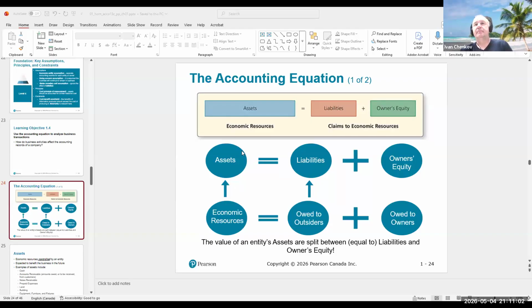So based on this, assets are our economic resources which we're using to generate revenue. And those economic resources are financed either with debt or liability, or with equity.